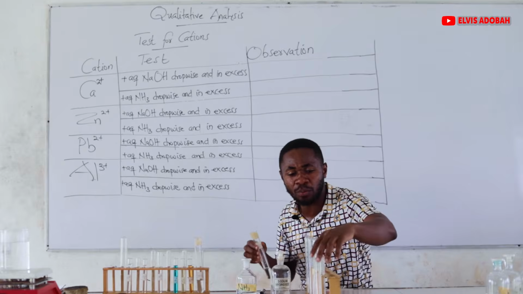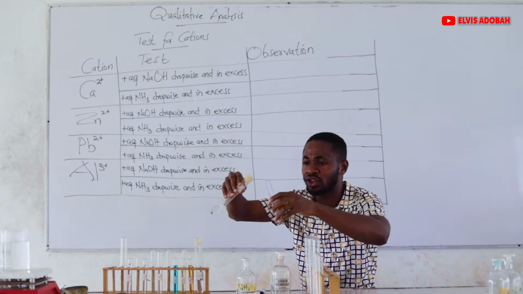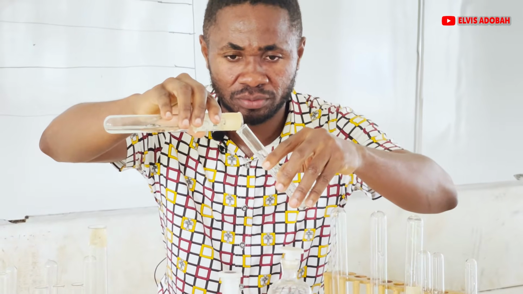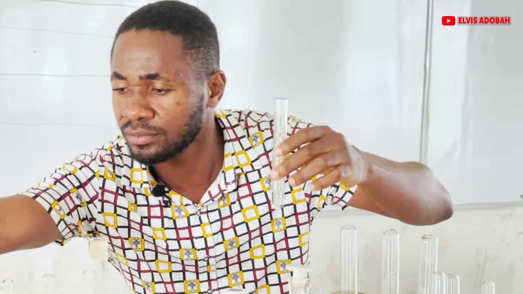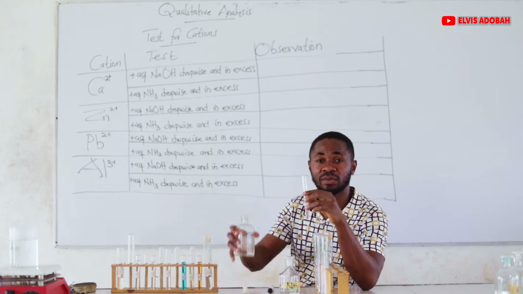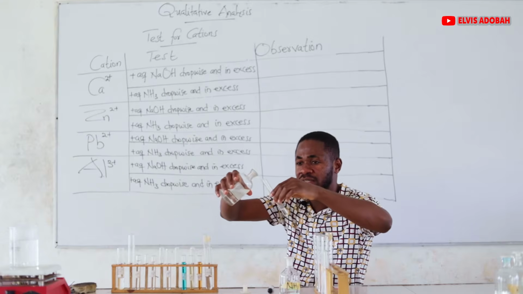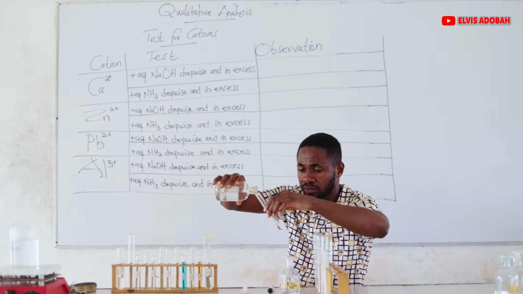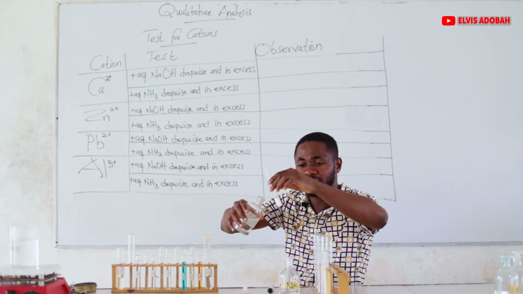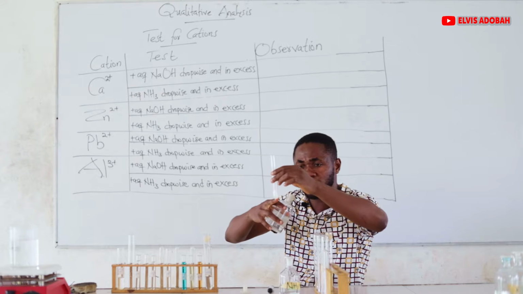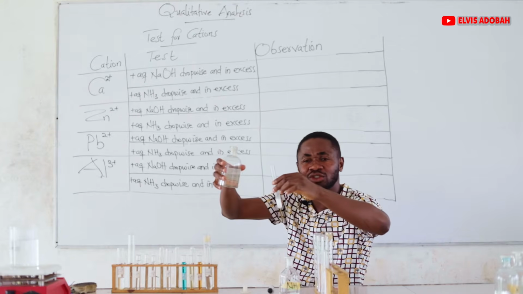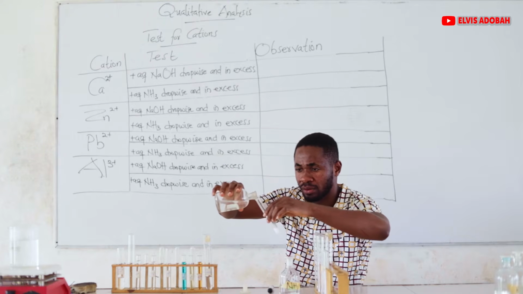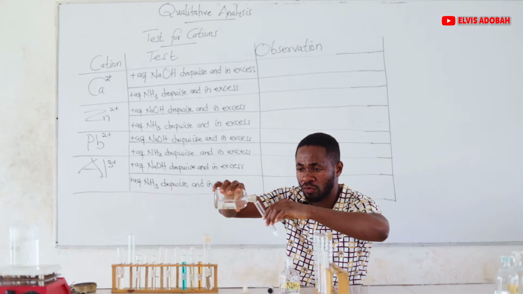These are the things you are looking out for. So let's start. Let me pour a small sample of our calcium ions in this test tube. That's my sample. I take my reagent, then I add it dropwise. Do you see it? White, chalky precipitate. Now let me add the sodium hydroxide in excess and see whether the precipitate will dissolve or not.